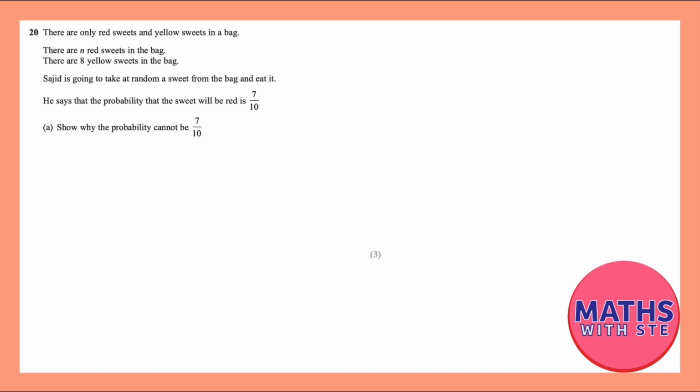Okay, so you've got to remember there's n red sweets in the bag, and there's 8 yellow sweets in the bag. So n plus 8 is the total. I'm just going to write that down so that I've got it for myself: n plus 8 equals the total.